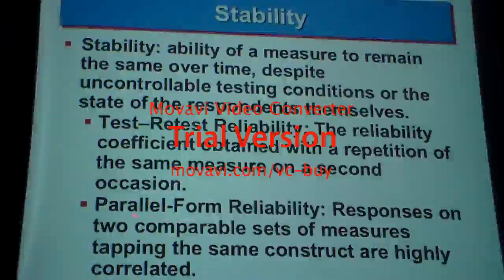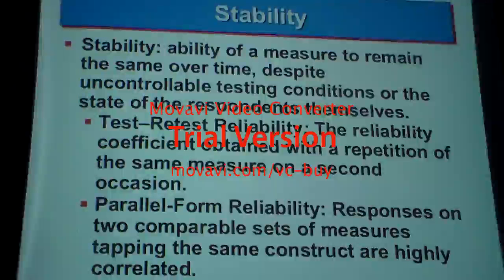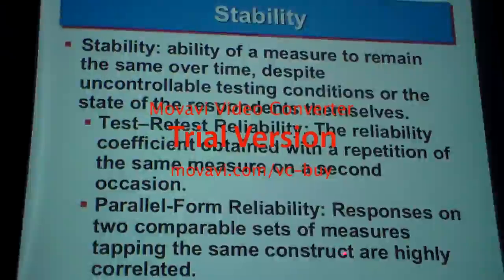We have a different type of reliability, which is called parallel form reliability. It means responses on two comparable sets of measures having the same construct are highly correlated. The first one is test and retest again, but the second one, which is parallel, you can do at the same time.